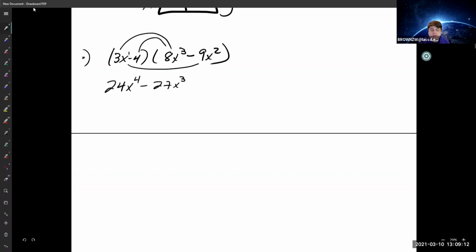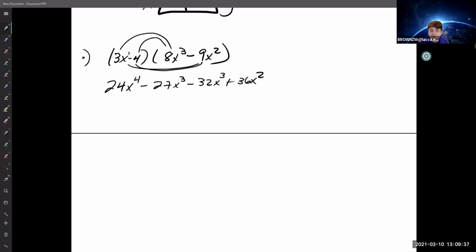Inner terms here of minus 4, positive 8 gives me negative 32x cubed. And then my last term of minus 4 and minus 9 gives me positive 36x squared. Okay.